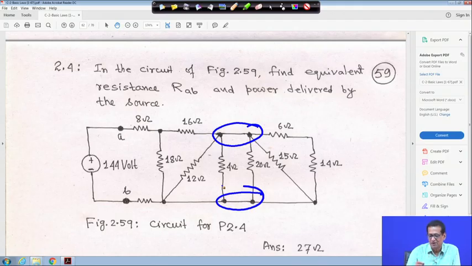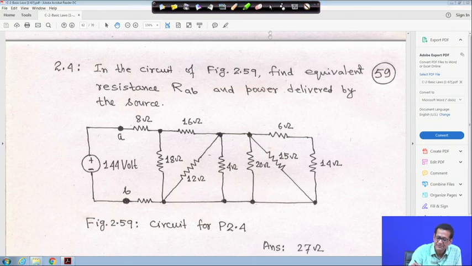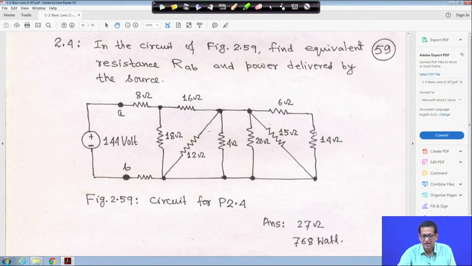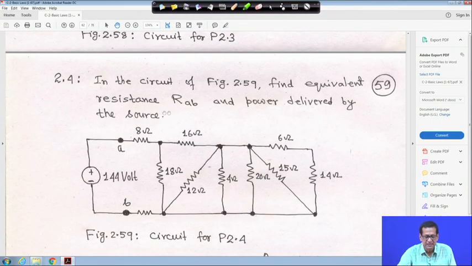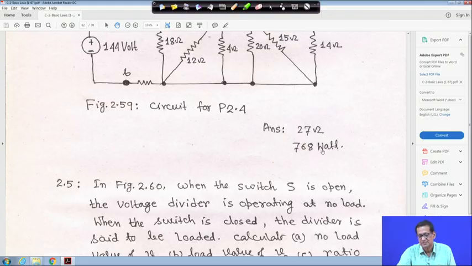So, accordingly you will solve it, and this 6 ohm and 14 ohm are in series. So, I am cleaning it. So, the answer is given, your 27 ohm, and also given the power delivered by the source, that means the 144 volt source is there, how much power is being delivered. So, here it is 760 watt 68 watt answer, right.